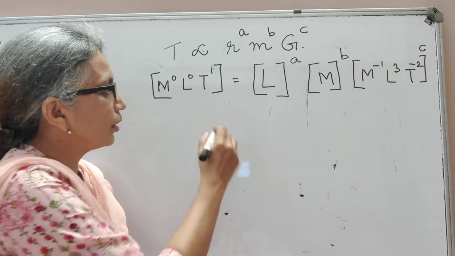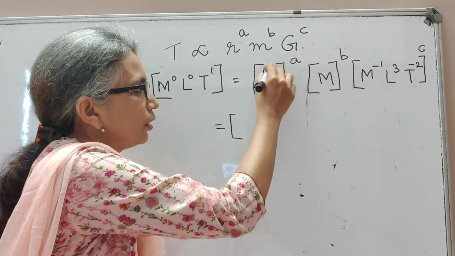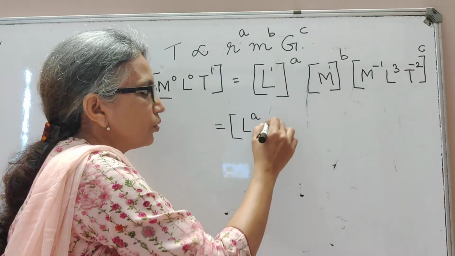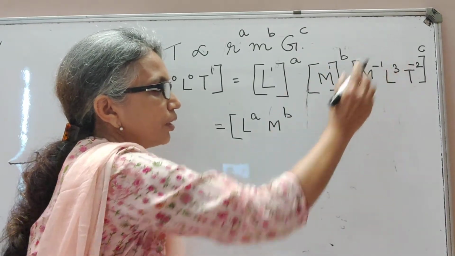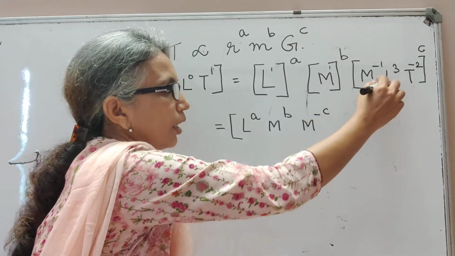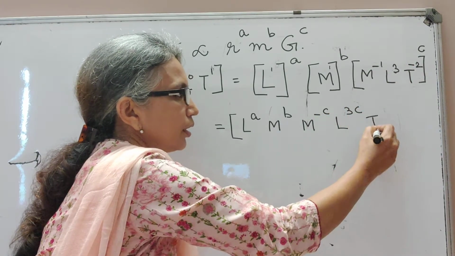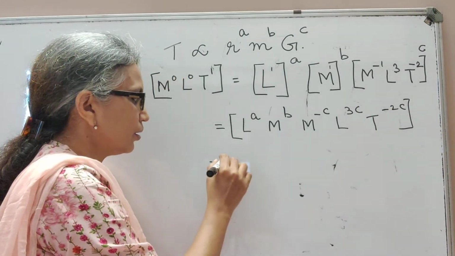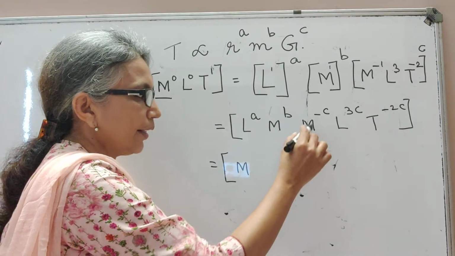So this I've given, again I'm repeating, it's there in the table that I sent you. Okay. Now we combine the whole thing. This will be L raised to 1 into A is L raised to A. This is raised to 1, so that is M raised to 1 into B is B. M raised to minus 1 into C, that will be M raised to minus C. L raised to 3 into C is 3C. T raised to minus 2 into C is minus 2C. First of all I'll write M. You have B here and minus C here.